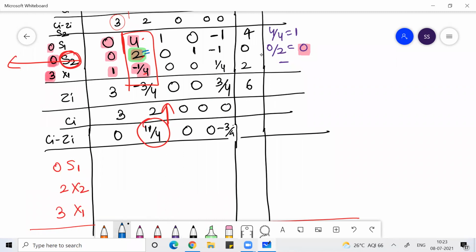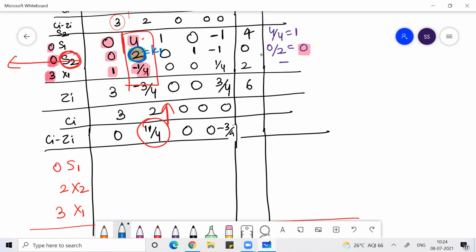So this is your pivot element. This would be your pivot element, the point of intersection between the row and column. X2 is entering and S2 is leaving. So the point of intersection of row and column, that is your pivot element.